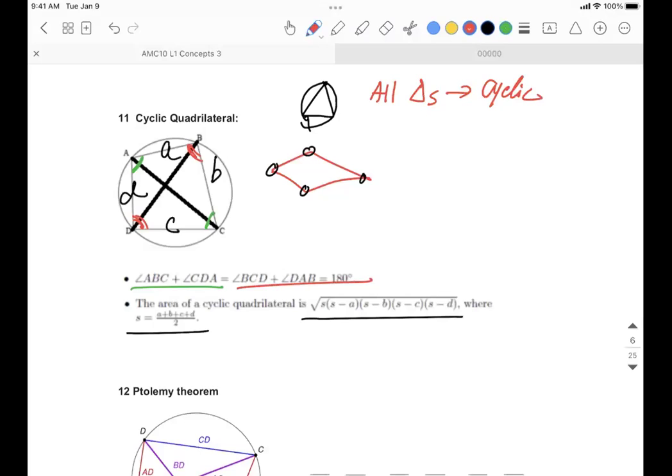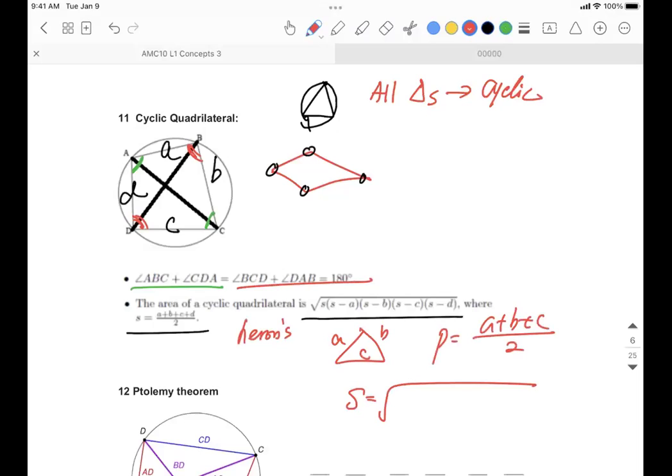Okay? This is more like our Heron's formula, right? Heron's formula: when I have a triangle ABC, I define P equals to half of A plus B plus C, right? And the area is going to be the square root of P times (P minus A)(P minus B)(P minus C), right? You guys know this?